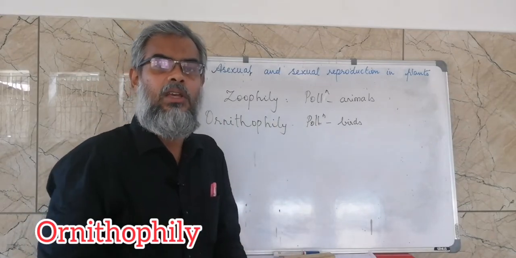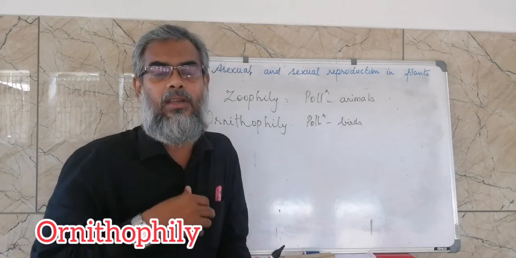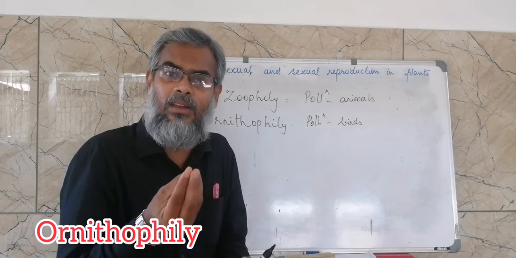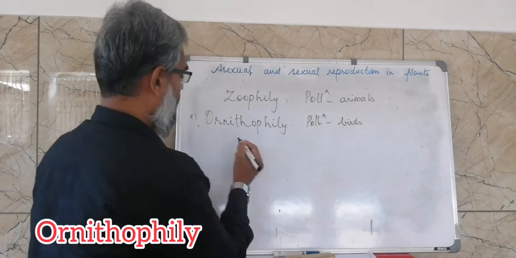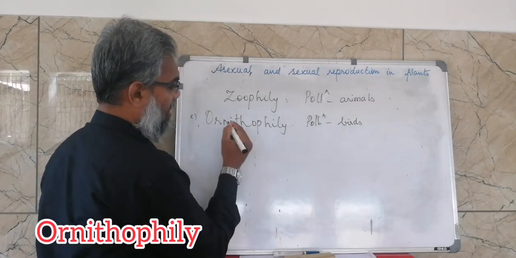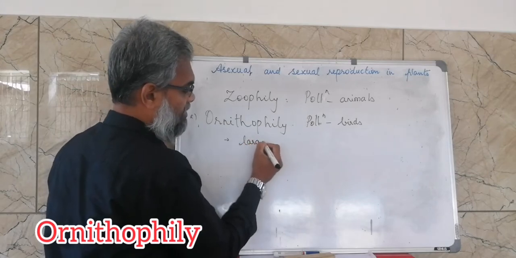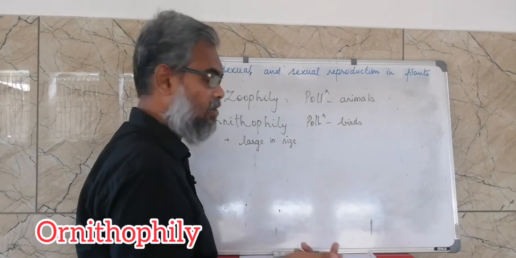Okay. Now you can understand how the flowers will be. Imagine a bird has to come and help in pollination. So how should the flower be then? Can it be very small? Not possible, isn't it? So it should be bigger. The first one, ornithophilous flowers should be large in size. Think logically, so you will know it.